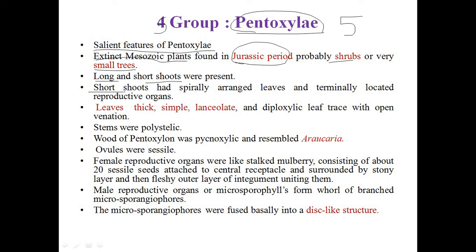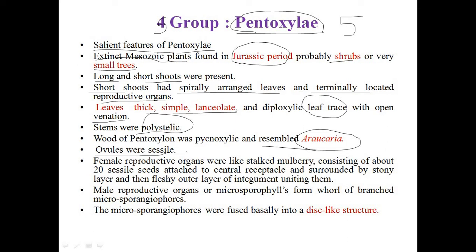On the short shoot, they show spirally arranged leaves and terminally located reproductive organs. Leaves are thick, lanceolate, along with leaf traces and with open venation. The stem was polystelic in condition, and the wood is pycnoxylic, resembling Araucaria.